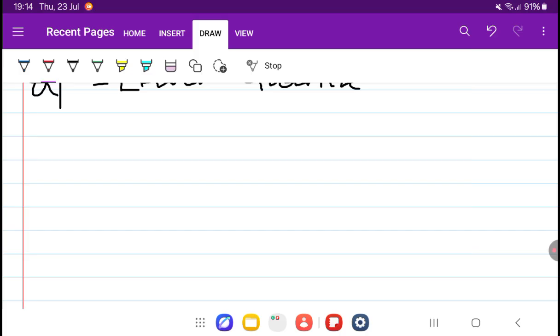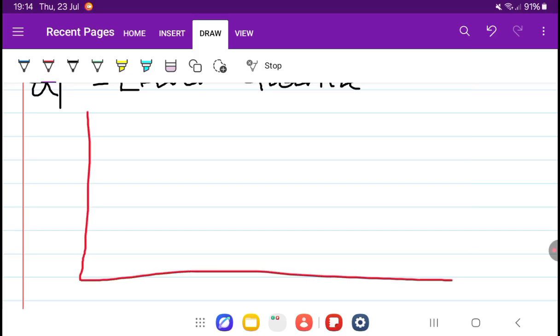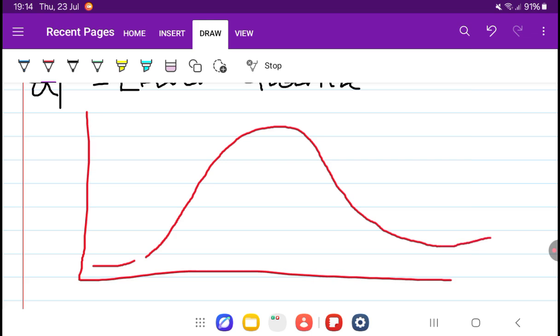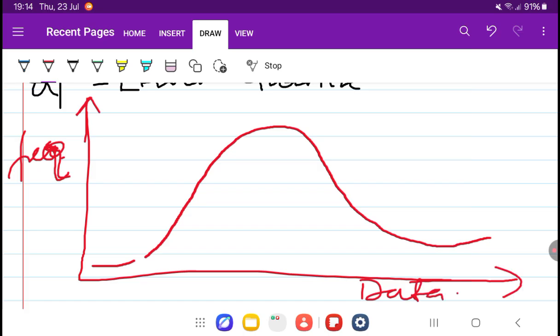So let's look at a certain graph. If we have a distribution that is shaped like that, here we have the frequencies, and then here we have the data, depending on what they have given us.